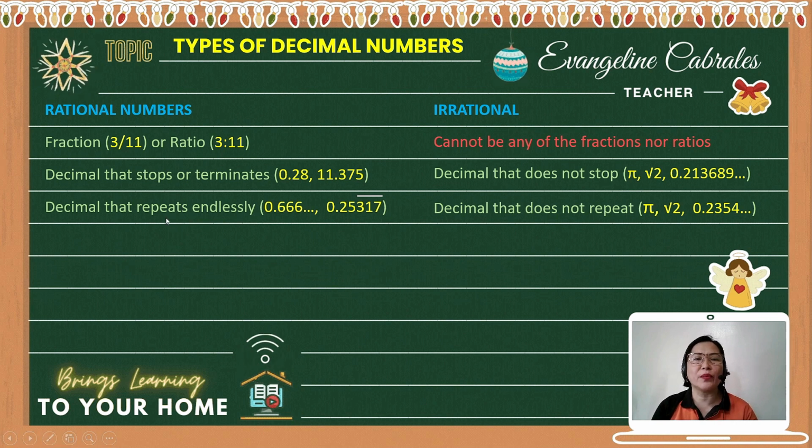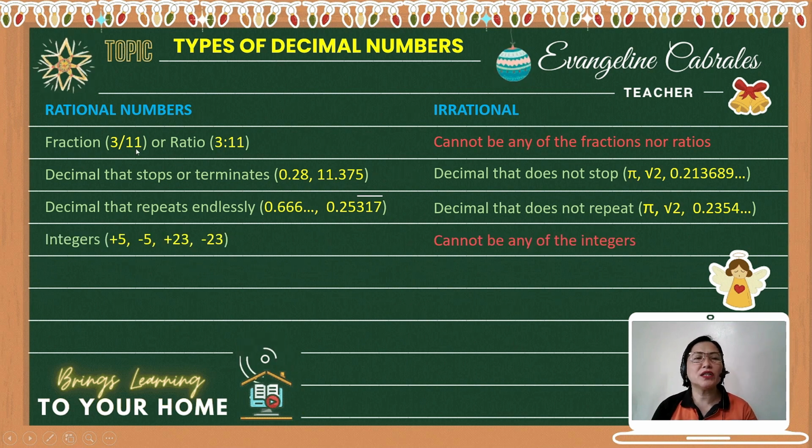Sa rational, pwedeng umulit, paulit-ulit ng walang katapusan. Pero sa irrational, hindi siya umuulit. Hindi natatapos, hindi umuulit. Sa rational, paulit-ulit ng walang katapusan, maaari rin namang tumigil o matapos. So, please take note of the difference between rational and irrational numbers.